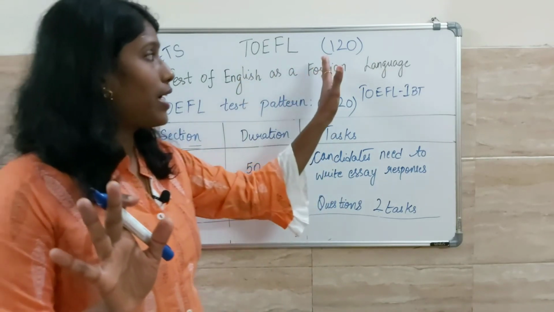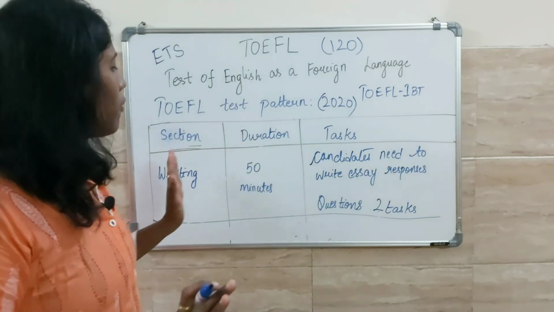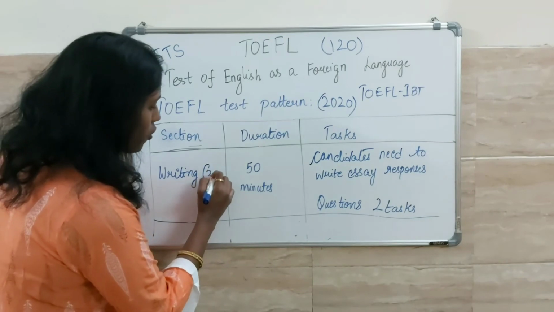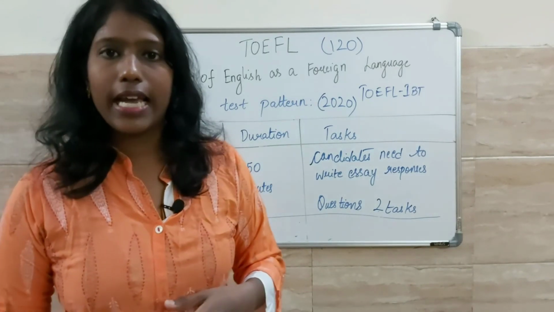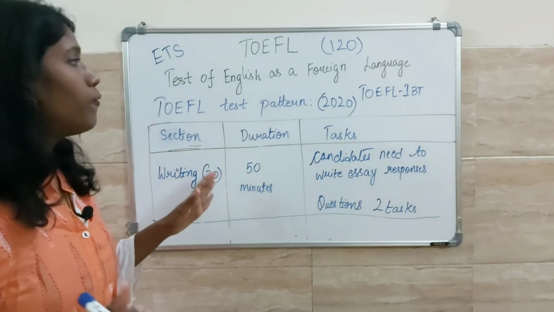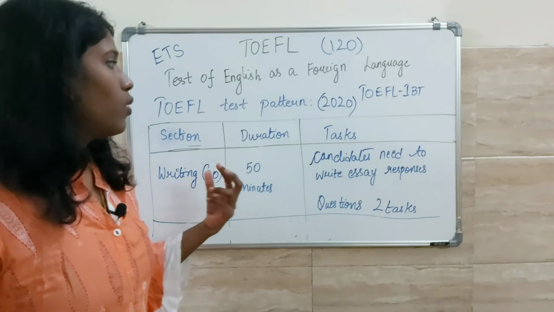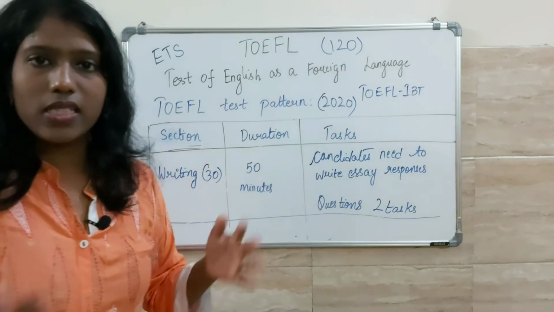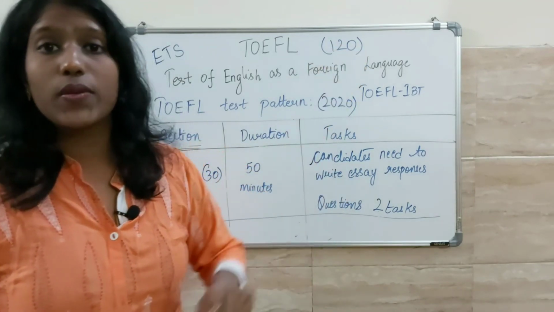I hope you know that the score for the TOEFL exam is 120, and for each and every section you will be getting 30 marks. So if you add the marks for all the 4 sections, 30, 30, 30, 30, you will be given a total of 120 marks for your TOEFL exam.